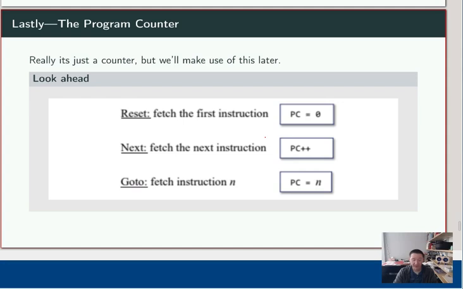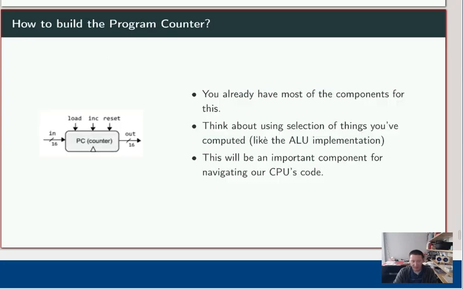If we want to reset it, that means we want to set the value to be 0. So it's going to look at the 0th address. Typically, what we're going to want to do is fetch the next instruction, and that just is caused by the program counter incrementing. And maybe if we have a go-to operation, we want to go to a specific instruction. That's just setting the address to a value. So that's why we're building this. It'll make much more sense when we start looking at the machine language of the CPU itself, but that's what we're going to do with that.